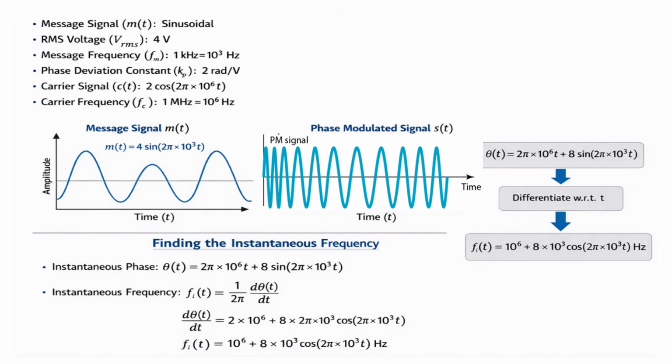So here is your message signal and then the phase modulated signal. All these parameters are given: the RMS voltage, the message frequency, the phase deviation constant, and the carrier signal, so the carrier frequency is given. We will find the instantaneous frequency using this formula.